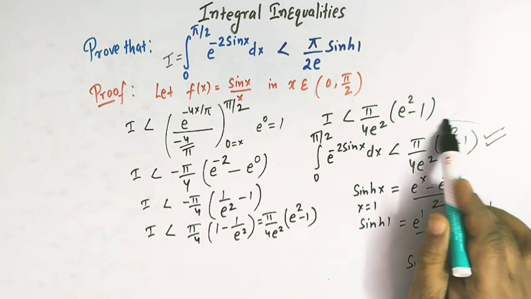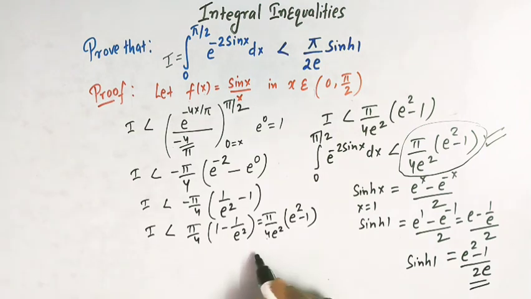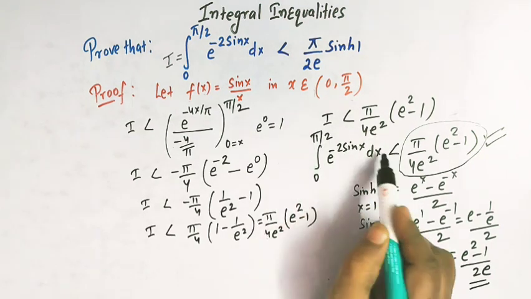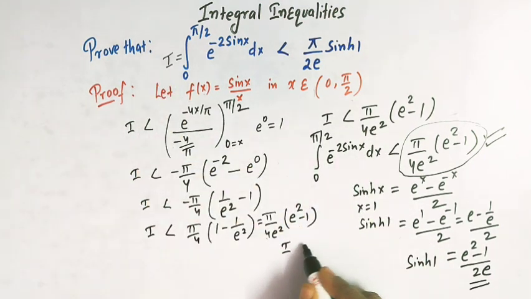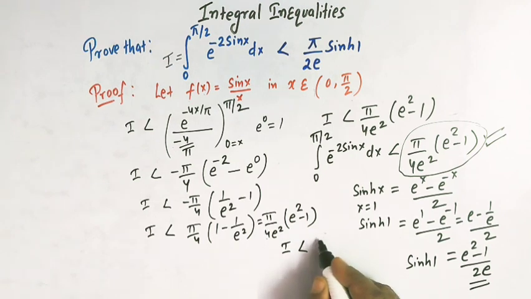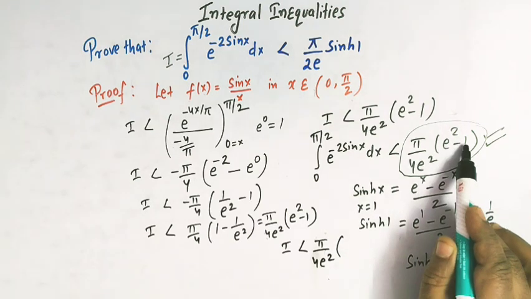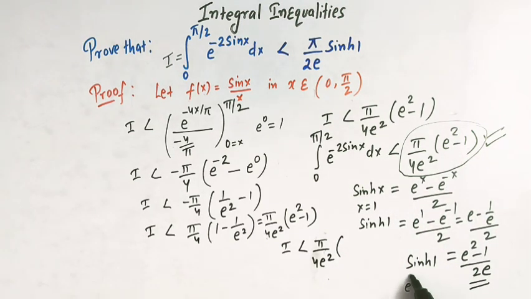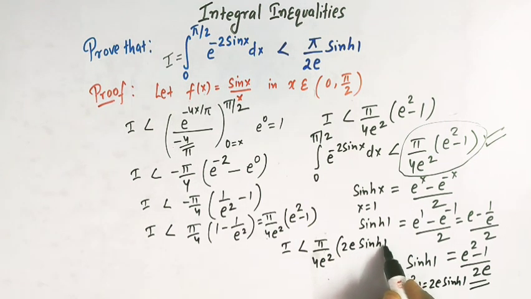So now this term can be rewritten, we can write this integral as I. So we have I less than pi over 4e square, and for e square minus 1 we can write 2e times the hyperbolic sine of 1. So here we have 2e and the hyperbolic sine of 1.